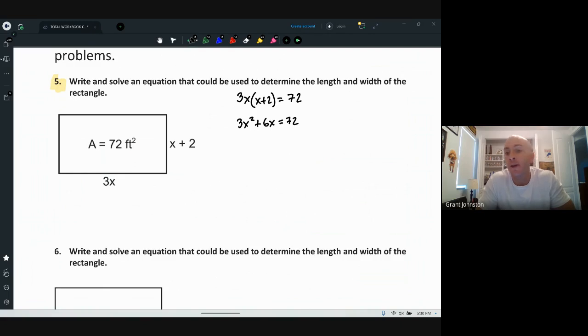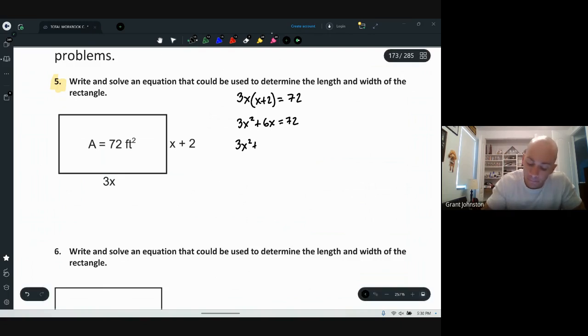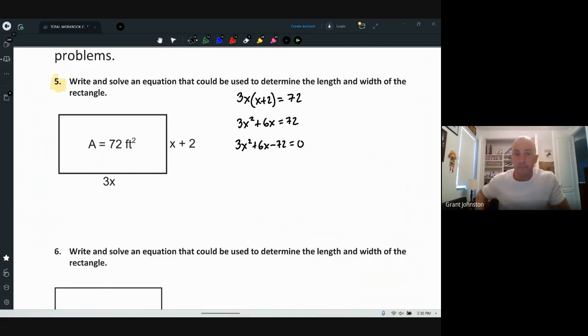To solve quadratic equations, we typically want to set it equal to 0. So I'm going to subtract that 72 over. And that's my equation, set equal to 0. At this point, I can either factor it or I can use the quadratic formula.